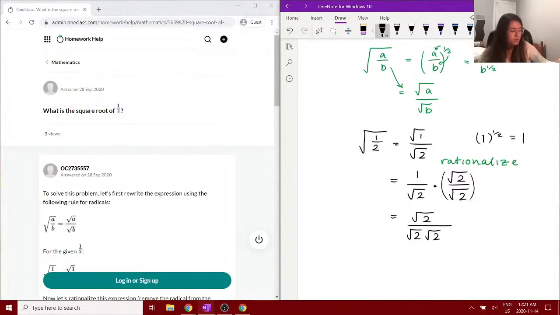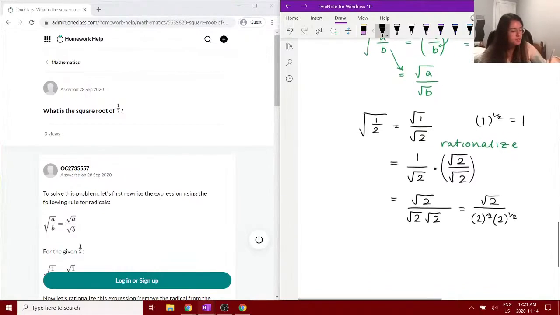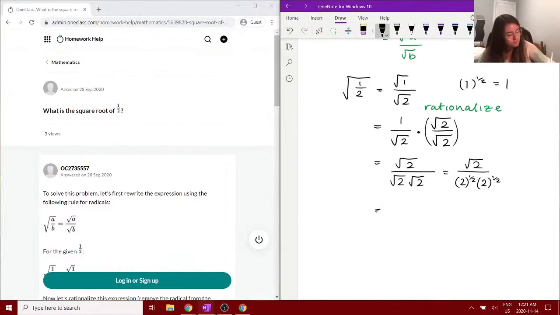You can think of this in a couple of different ways. You can write it as 2 to the 1/2 times 2 to the 1/2, and add the exponents. So in the denominator, we get 2 to the 1, because 1/2 plus 1/2 gives 1.